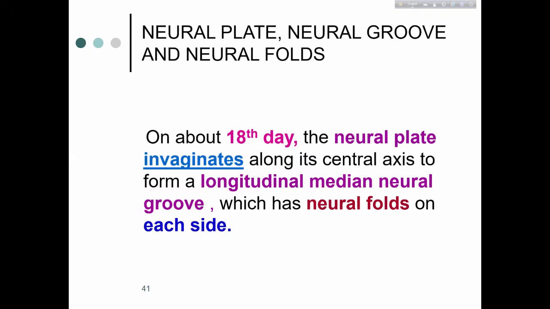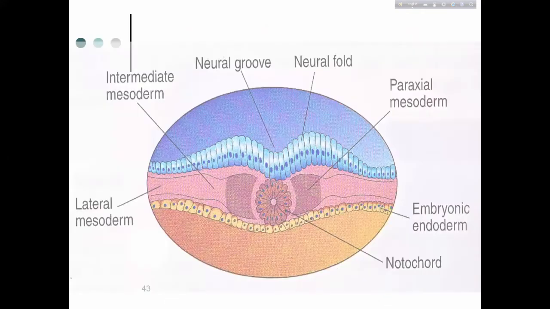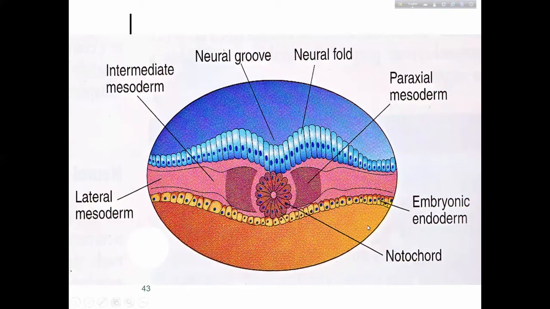So what have we said: about the 18th day, the neural plate invaginates along its central axis to form a longitudinal median groove, which has the neural folds on each side. Another figure, this is the cross-sectional view. Here is our ectoderm, in the middle mesoderm. Here lies the notochord, central axis.